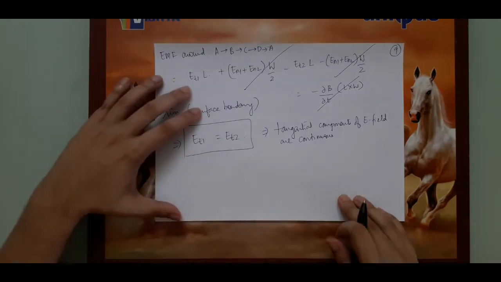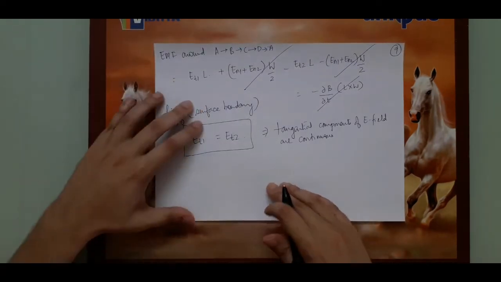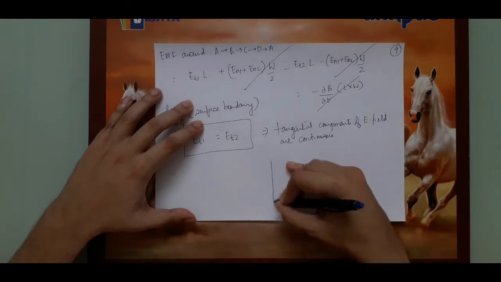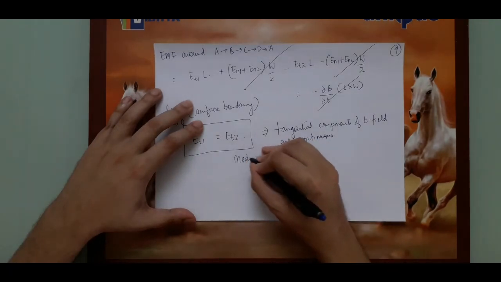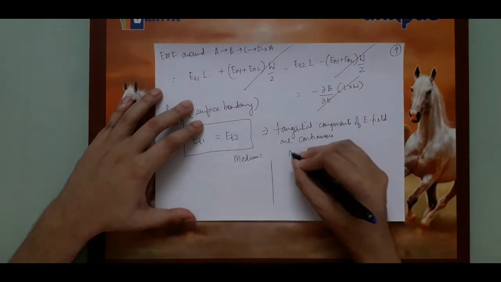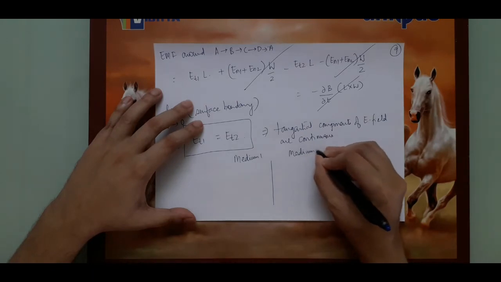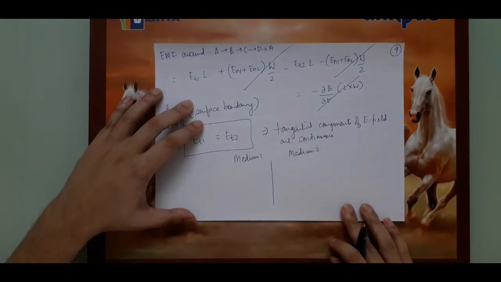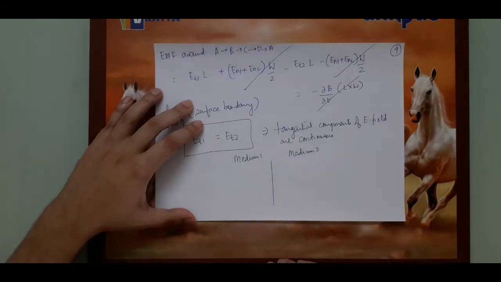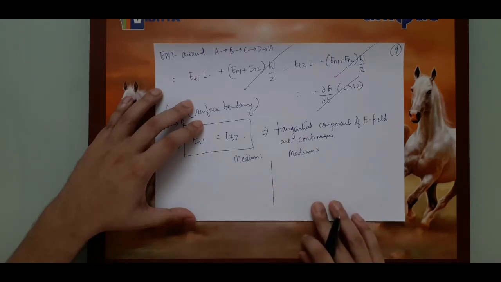Let us look at medium 1, medium 2. So now let us change the definition slightly. Rather than defining EN1 and EN2, I will define the displacement density DN1 and DN2.